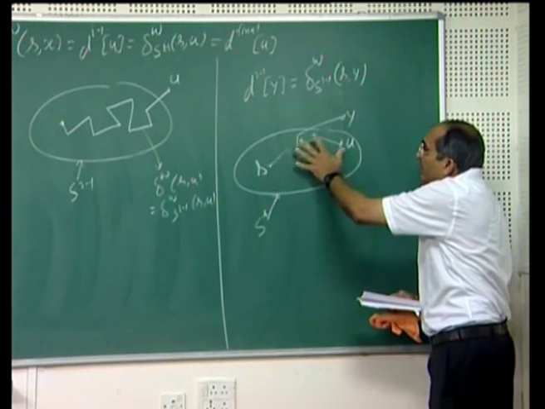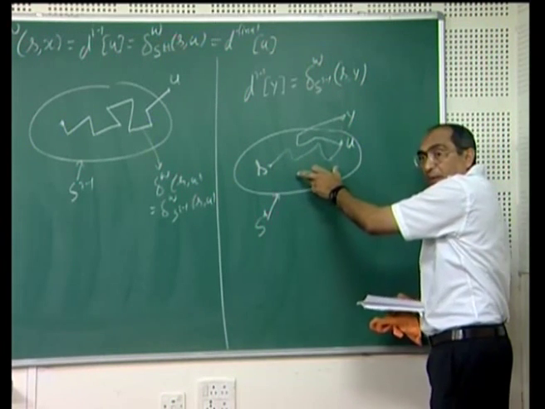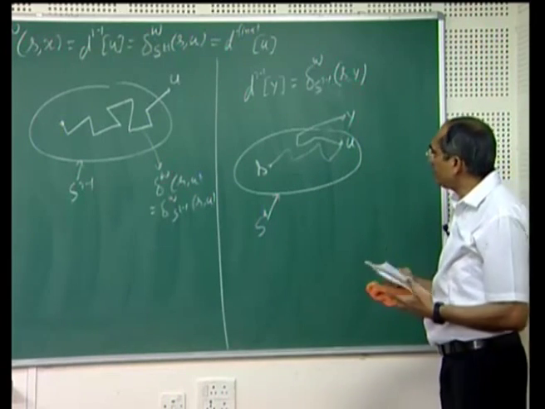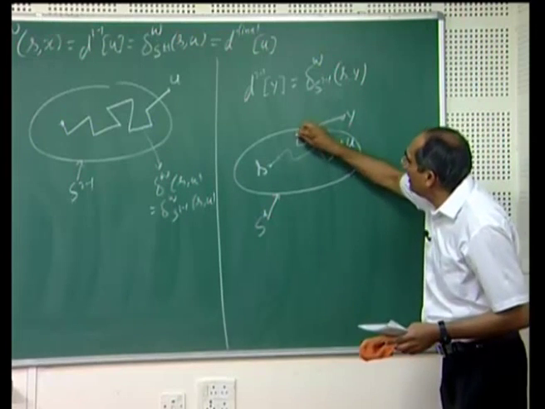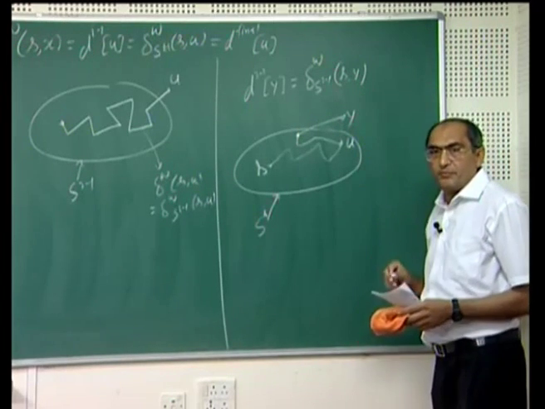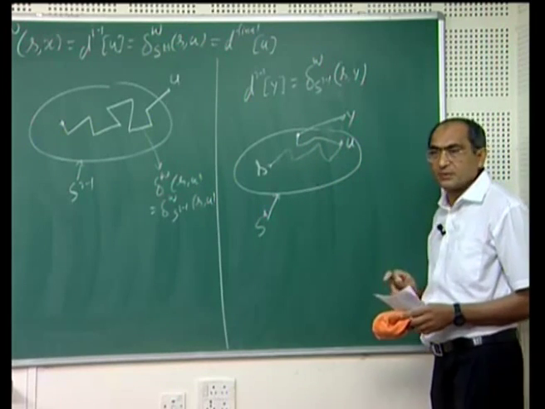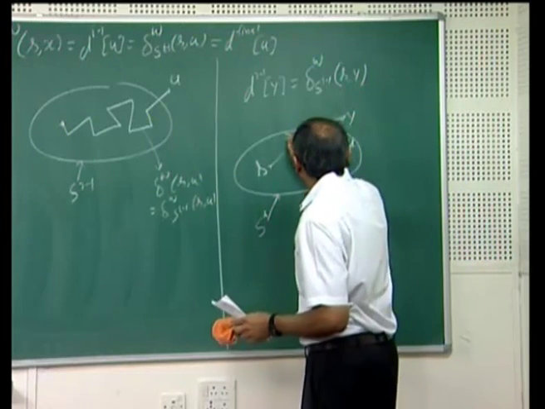So, the only possibility is that there is a PSI path which contains u and it is better. But I am assuming that u is not the penultimate vertex, the second last vertex on this path. Say it is something before that. Let us say this is x.